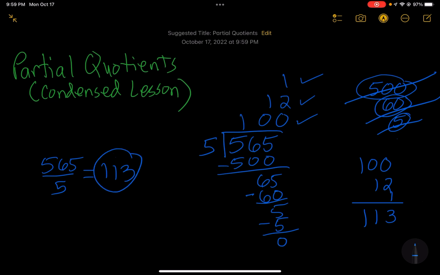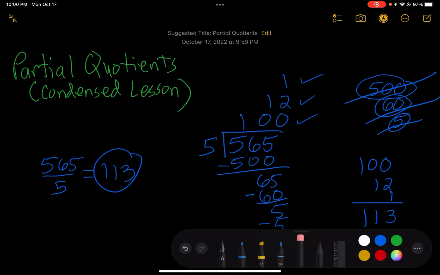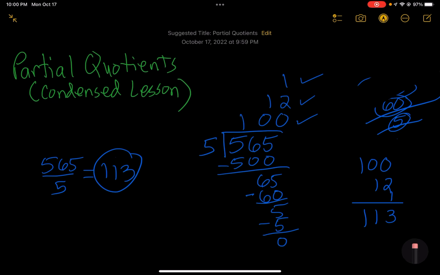Okay, now let's take a look at what happens if maybe I have a decimal under the dividing bar, right? Instead of it being 565, maybe it's 56.5. Let's see what that would look like. Let's see how that changes things.